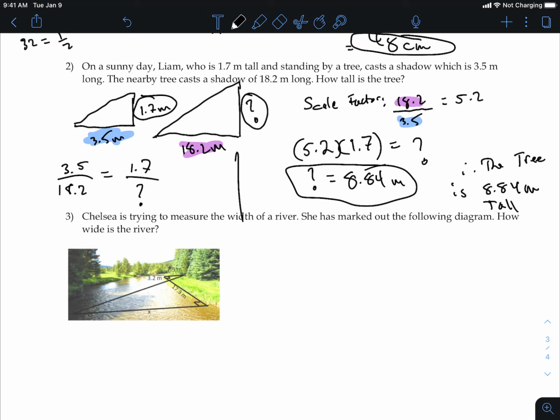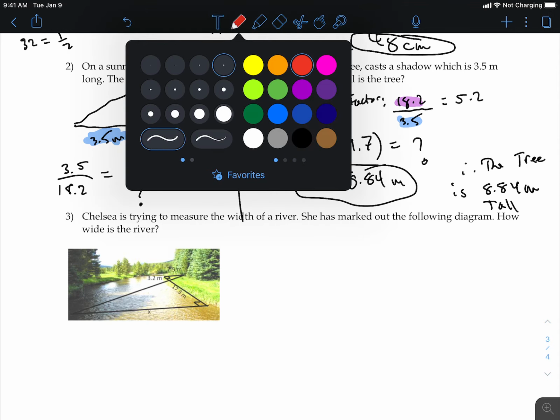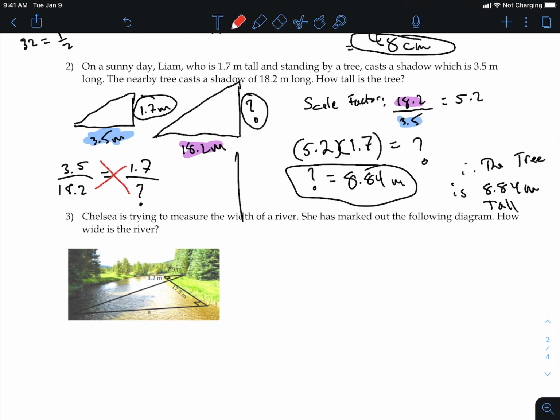All I did was match up the similar side lengths. Then you can do what we call cross multiplying and solve for the question mark. Right? So you'd get kind of out of room.